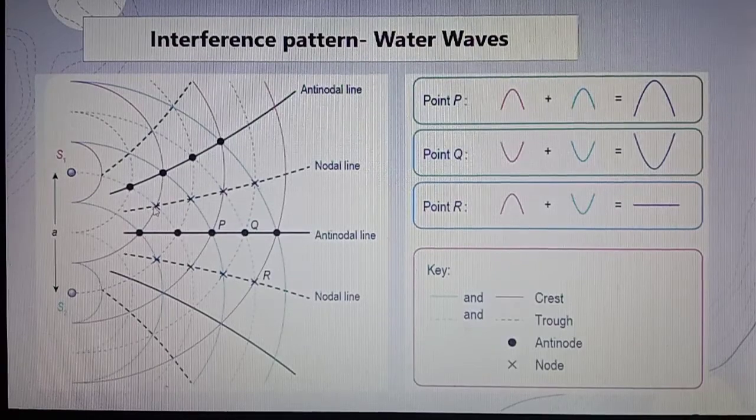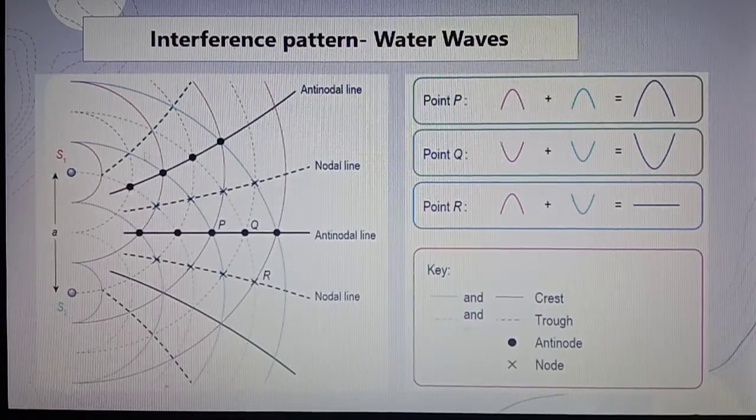We mark it with a cross symbol, and this point we call a node point. If you join the points by drawing a line, this broken black line is known as the nodal line. If you continue to mark all the points, you can see the antinodal line and nodal line alternately: antinodal line, nodal line, antinodal line, nodal line.